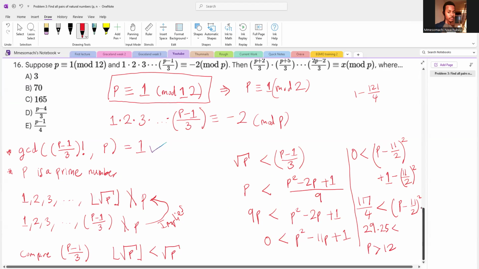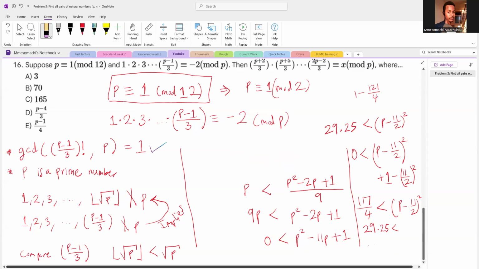Let me put it up here: 29.25 is less than (P minus 11 over 2) squared. If P is greater than 12, this satisfies it. Let me erase this.